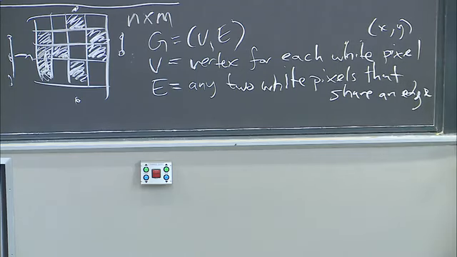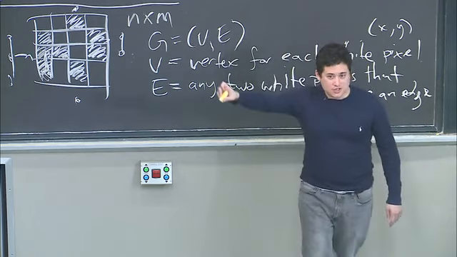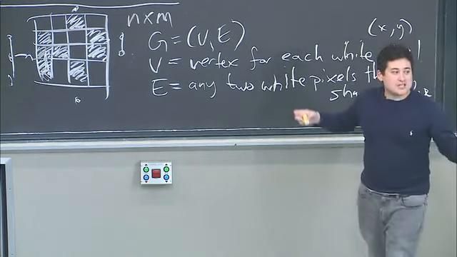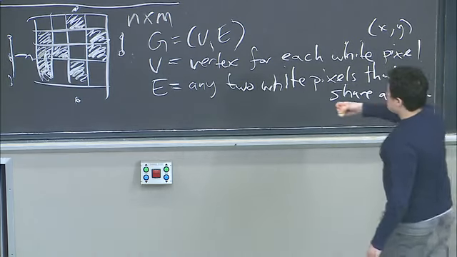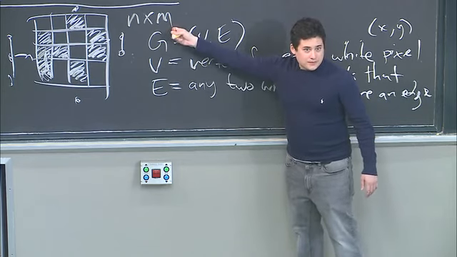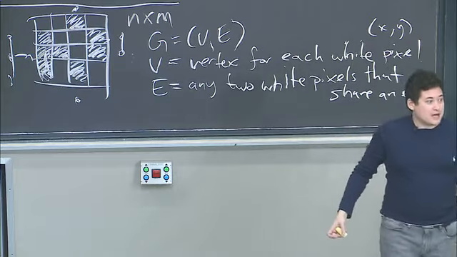Okay? So I can construct both of these things in order n times m, because there's at most that many vertices. I just loop through them. And for the edges, for each pixel, I'm only checking a constant number of things, and I'm adding them to a set. So the size of the number of vertices in my graph is at most n times m, and the number of edges is at most n times m times 4, right?